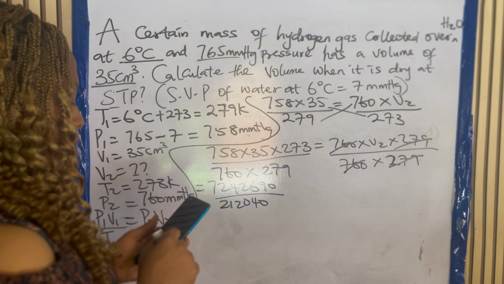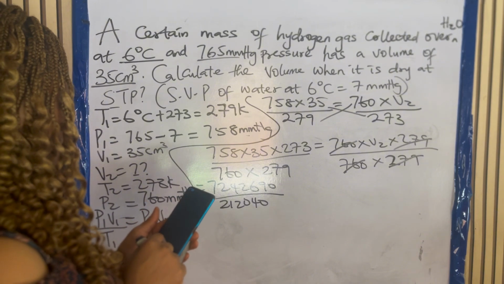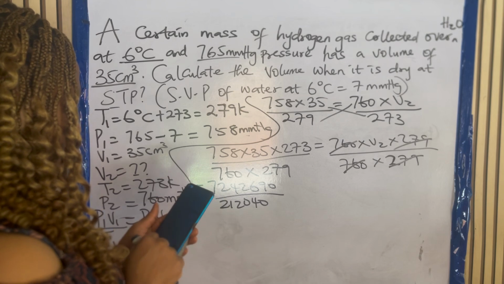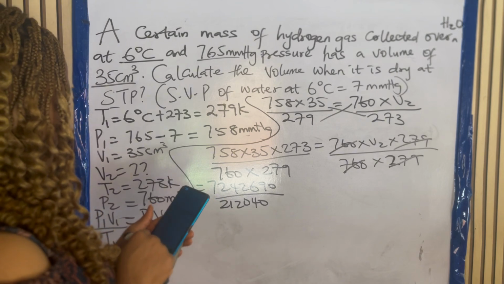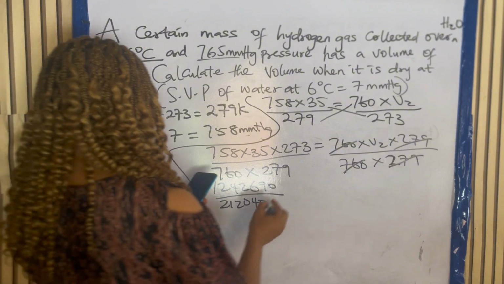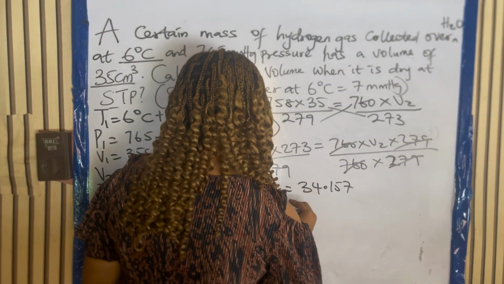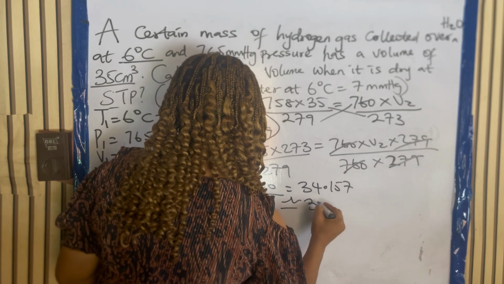So 7242690 divided by 212040 gives us 34.157.